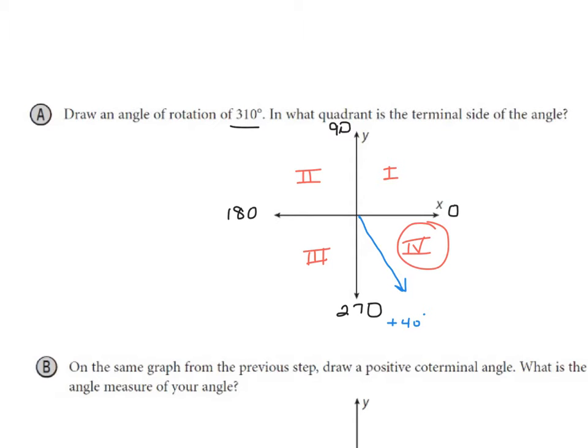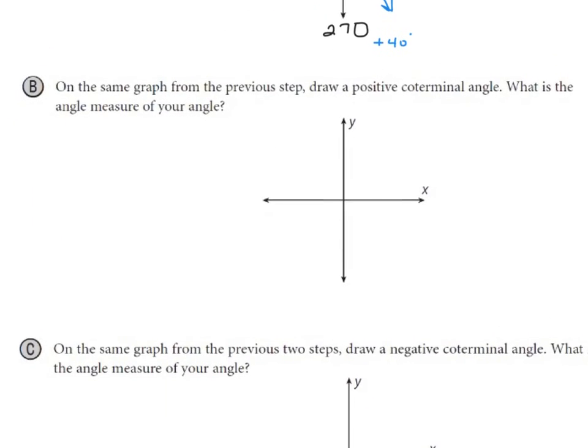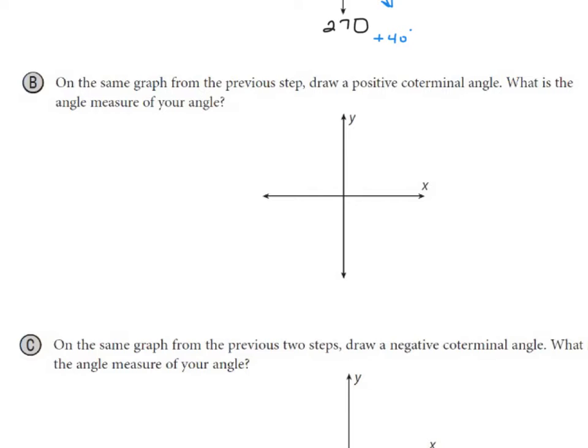All right, moving down the page. On the next graph, using the graph from the previous step, we want to draw a positive coterminal angle. So let me add in the one we had just before this, which was right there. And now we need to add a positive coterminal angle. Coterminal meaning both angles are going to have the same terminal side.